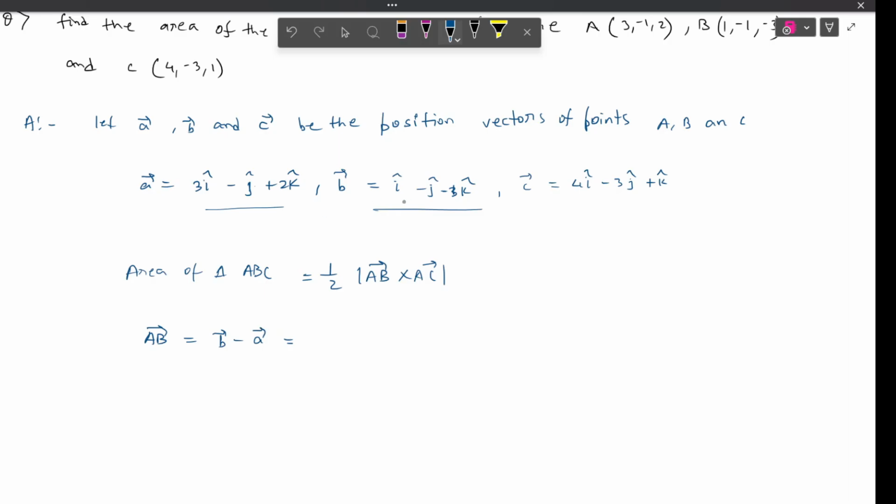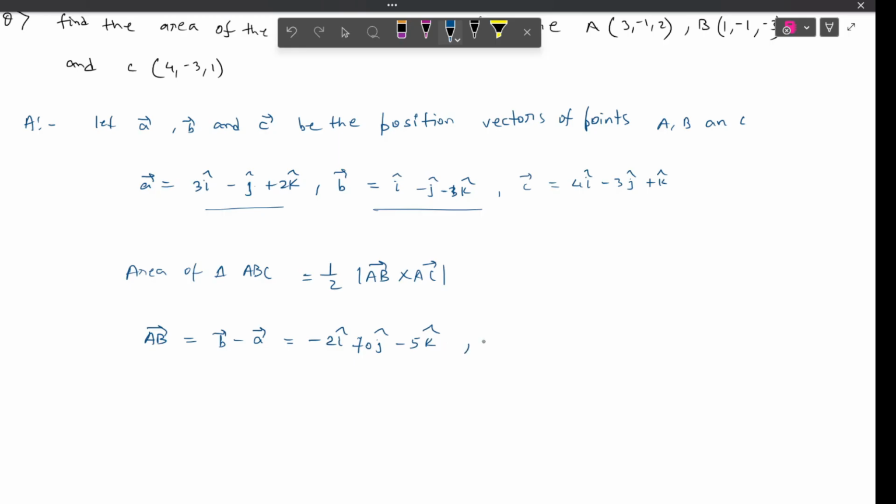If you subtract A vector from B vector, we'll get I minus 3I, that is minus 2I, and minus j, minus of minus j, that is 0. So you'll get 0 j cap, and minus 3k minus 2k would be minus 5k. Okay, so this would be minus 5k cap.